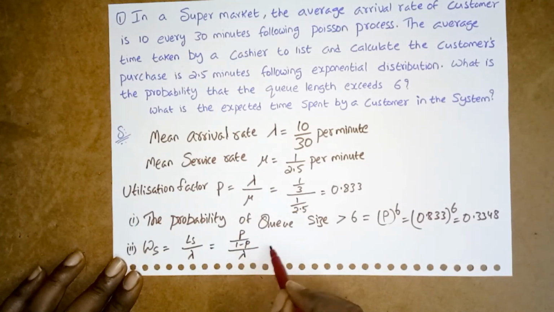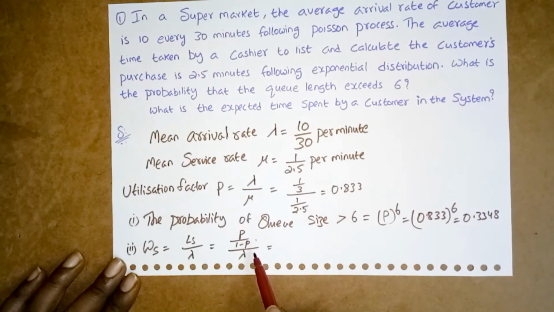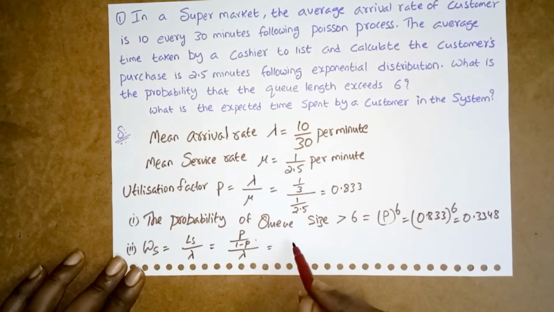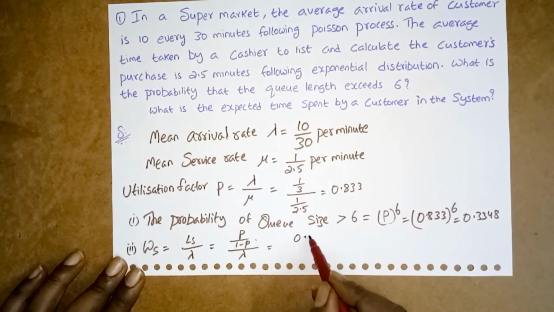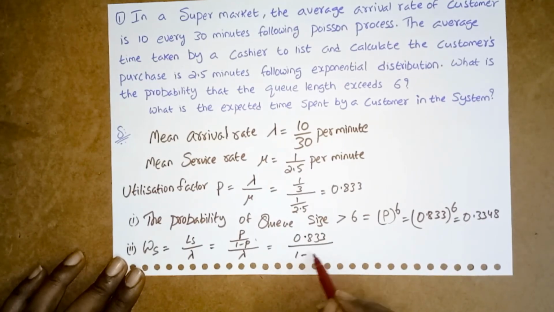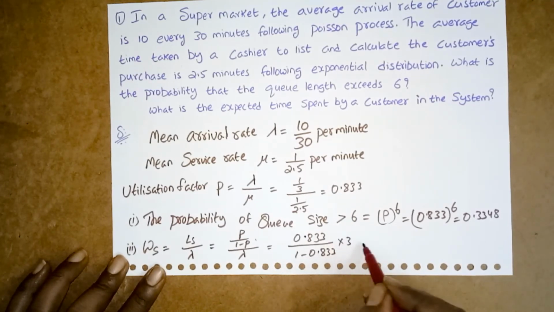Putting in the values of rho and lambda, we can write this step as 0.833 by 1 minus 0.833, into 3.